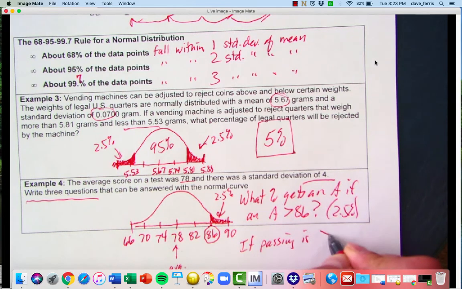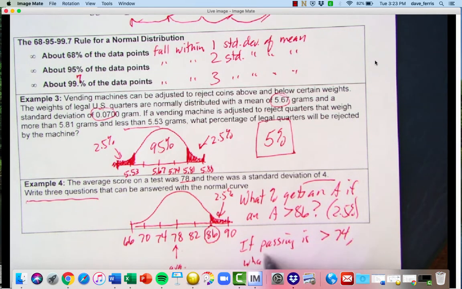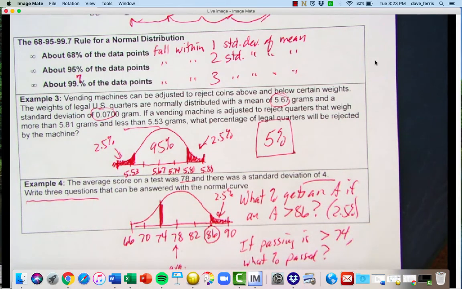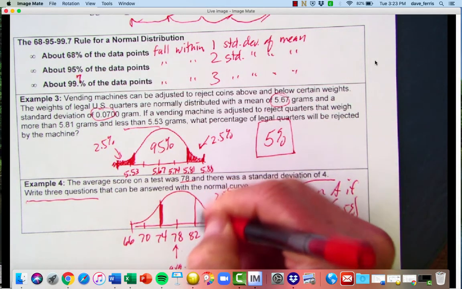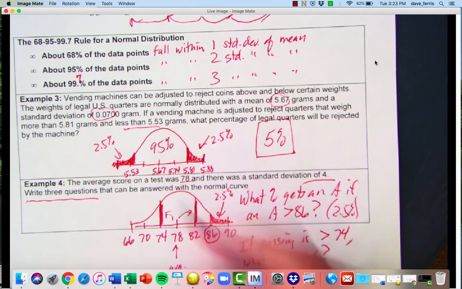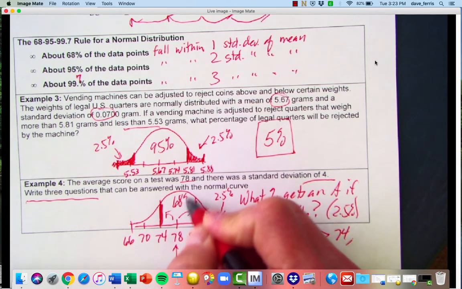is greater than, let's say, 74, what percent passed? So greater than 74. 74 is right there. And remember, we know that if you go out 1 standard deviation on both sides, according to this little rule of thumb, there should be 68% in the middle.